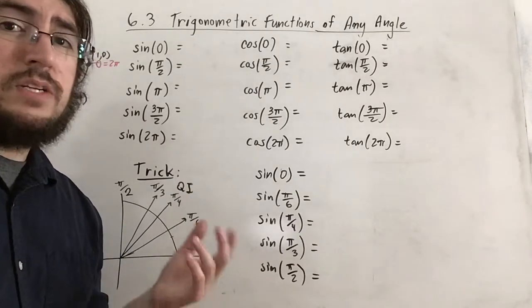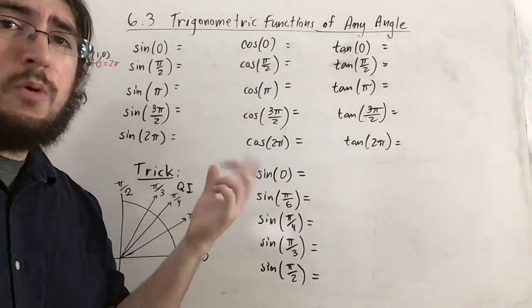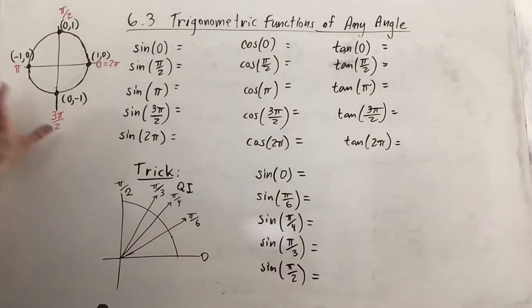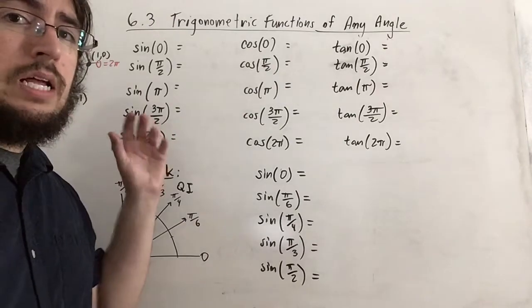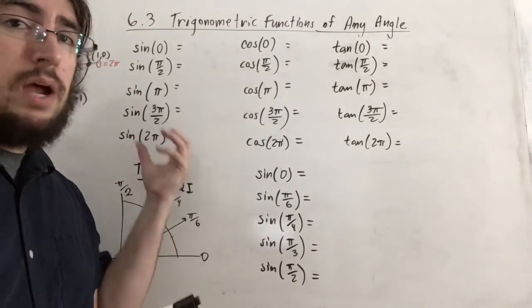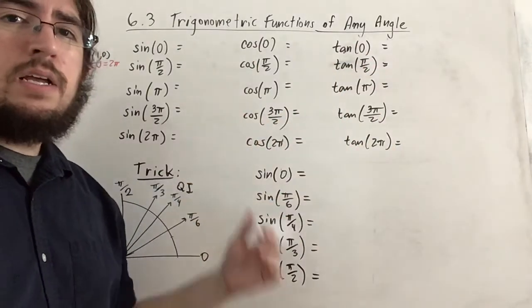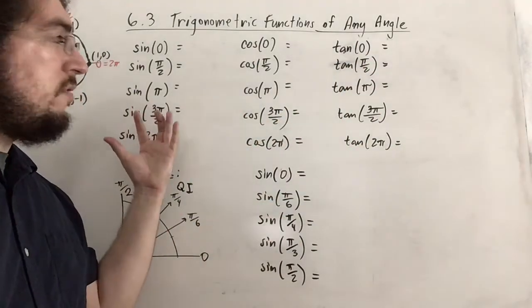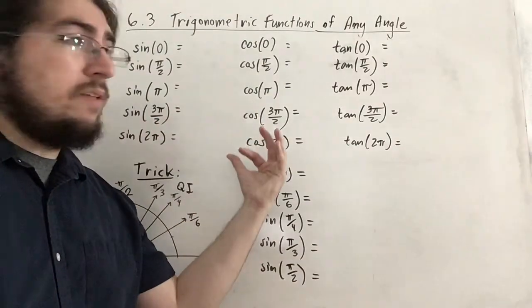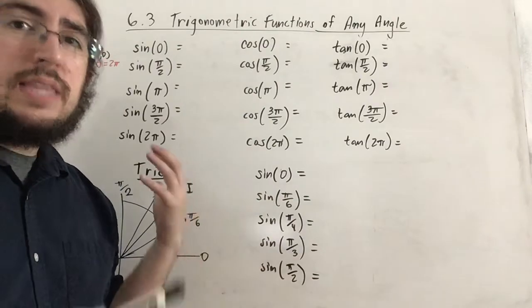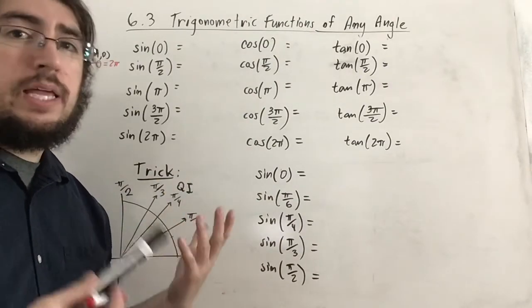So as long as you land at the same point, and coterminal angles do that all the time, there's no real difference. Anyways, getting back to this, remember that on a unit circle, sine is always y over r, cosine is always x over r, tangent is y over x. So sine is the y value of the point, cosine is the x value of the point, and tangent is the y value divided by the x value. That's what we agreed upon. We've been using that.